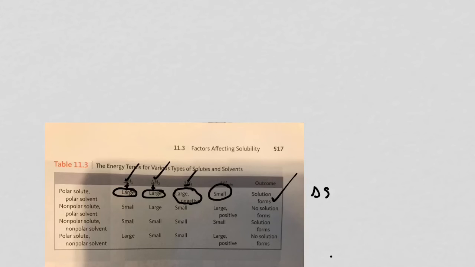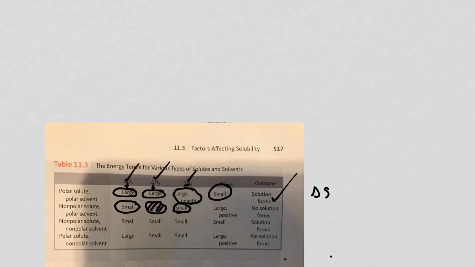If you have a nonpolar solute and a polar solvent, the attraction between them is very small, and so the overall value of delta H is going to be positive. It's going to be largely positive because it's going to take a lot of energy to separate the polar solvent molecules.